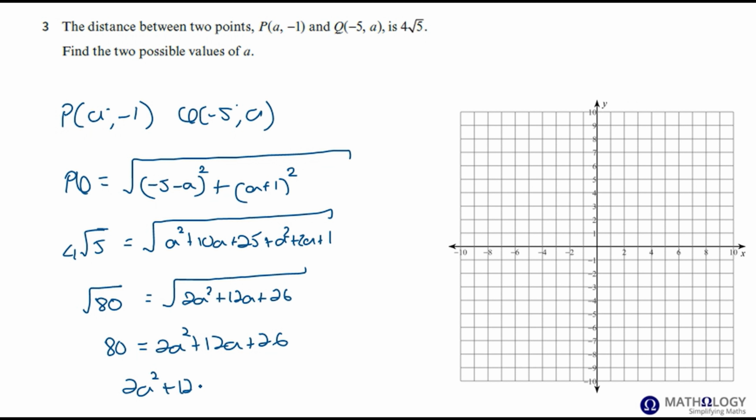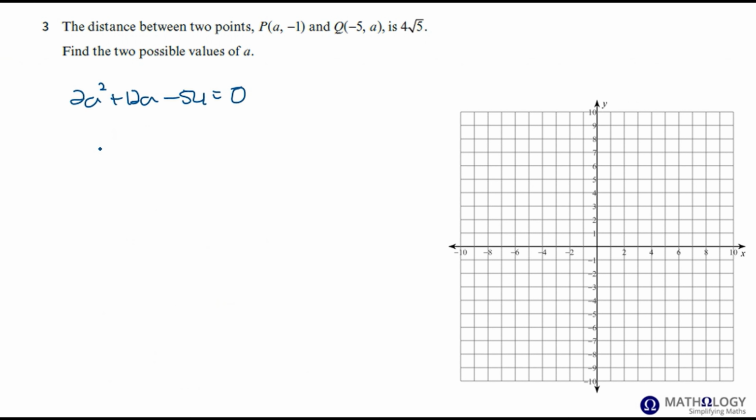2A squared plus 12A plus 26 minus 80 is minus 54 equals 0. Simplifying that, A squared plus 6A minus 27 equals 0. That factorizes: (A minus 3) times (A plus 9).